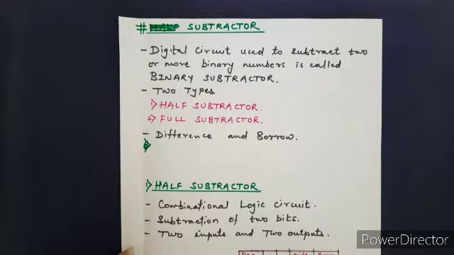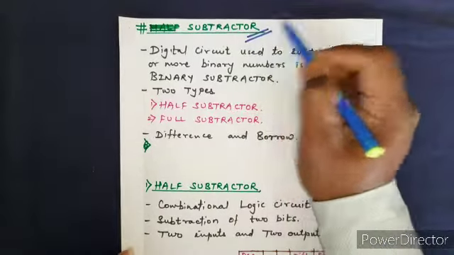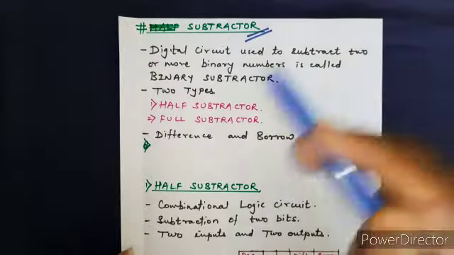But in real life, we can always have at least 3 bits to be added. That is why we designed the circuit of the full adder. Now, in a similar way, let us study the subtractor.